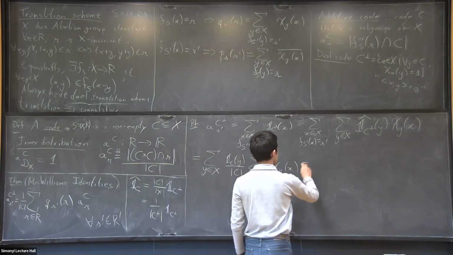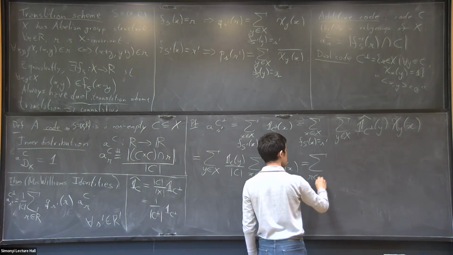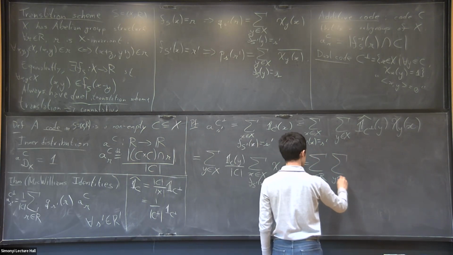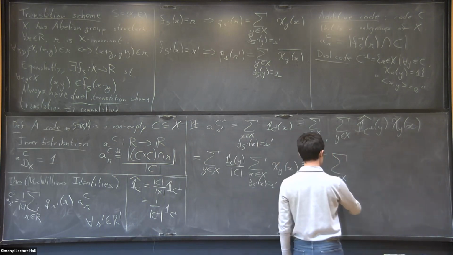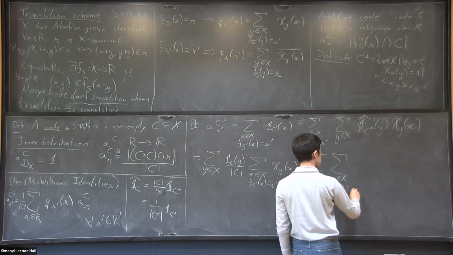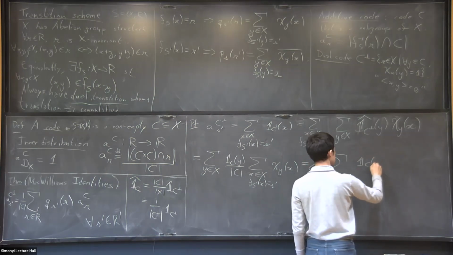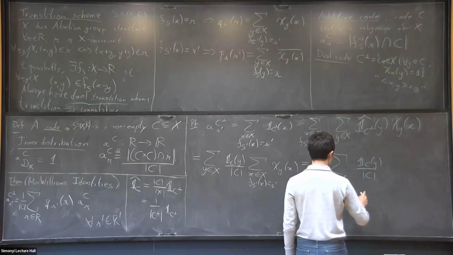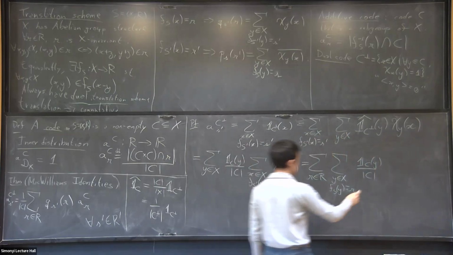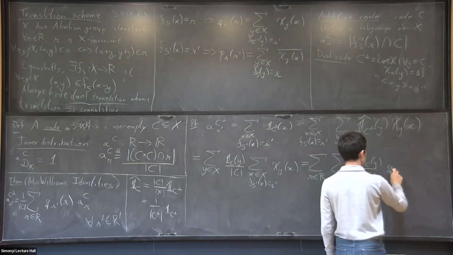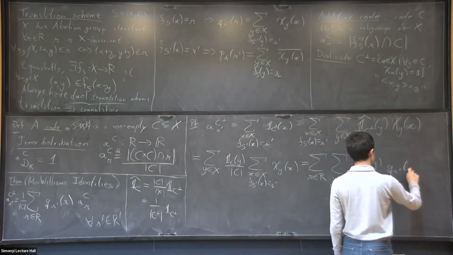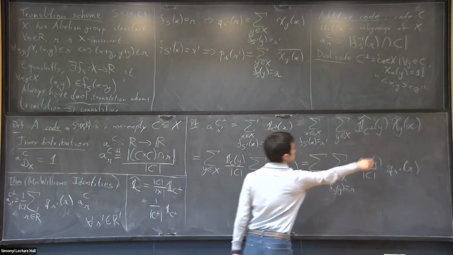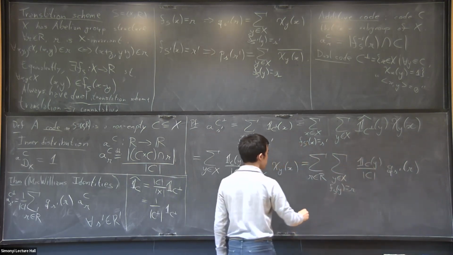So this gives you... And now this inner sum here is just the distribution of the code, right?